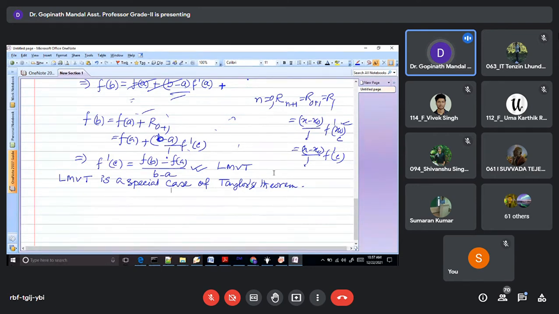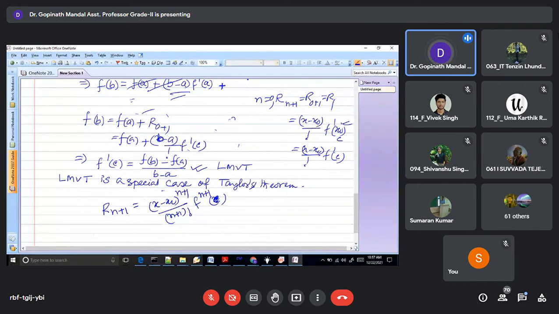If we put n equal to 0, then R1 will be the remainder. Just put n equal to 0 in the formula: R n plus 1 is x minus x0 to the power n plus 1 by factorial n plus 1 f n plus 1 c.